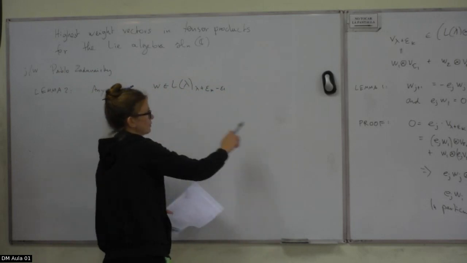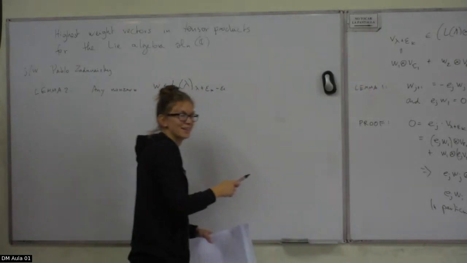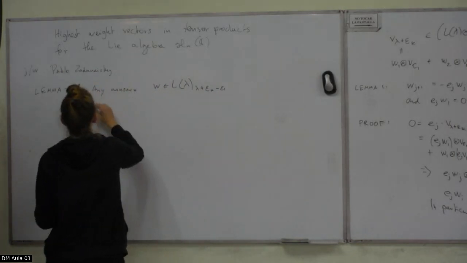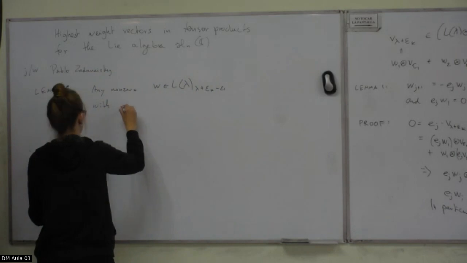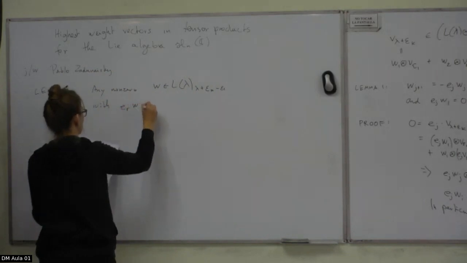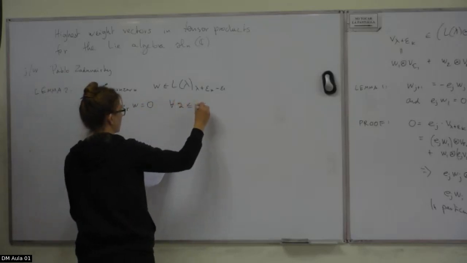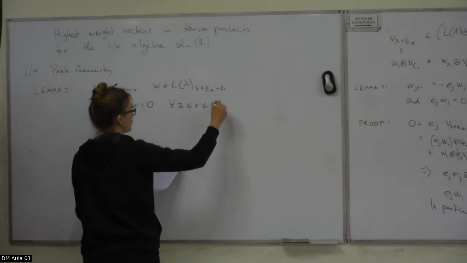Because we want it to be like the w_1, so it needs to be in that weight space, with exactly that property, so that all the e's annihilate it, for e_2 up to e_{n-1}.